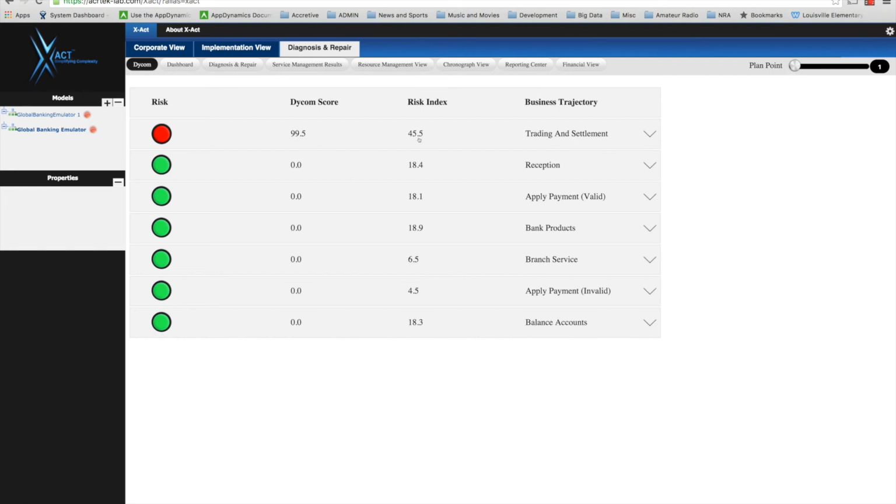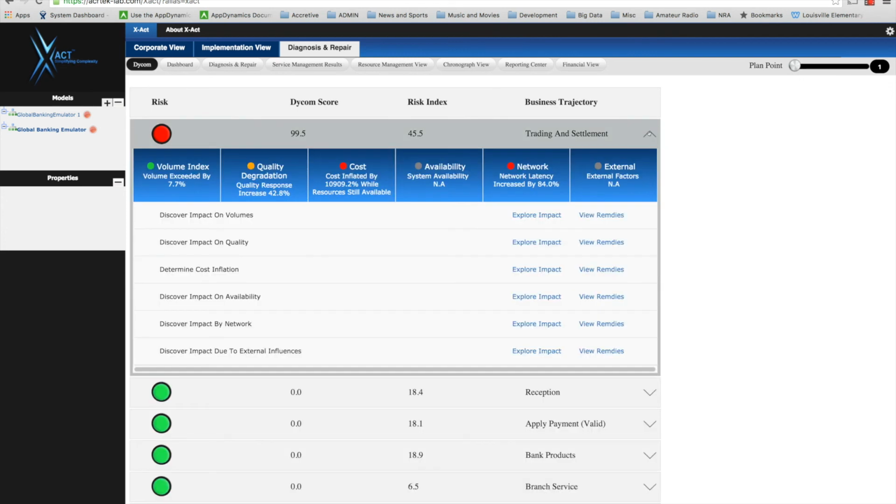Our risk is only 45.5, but our DICOM score is 99.9, which deals with dynamic complexity. This shows us where problems exist within the different processes of the business. So an executive can look at this and see that there's something going on with the trading and settlement process.